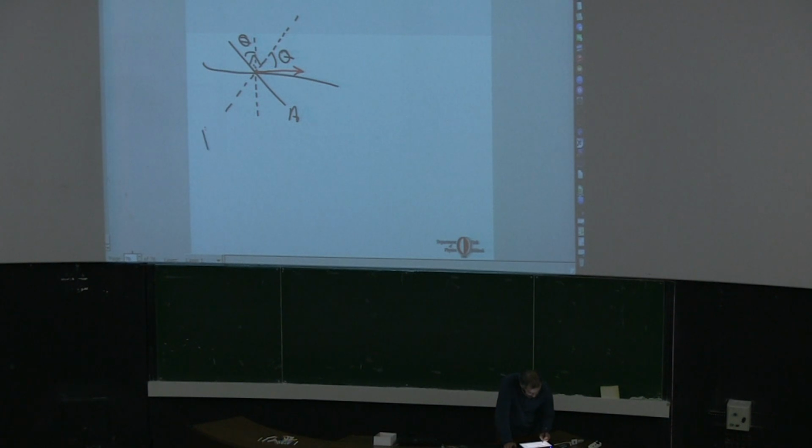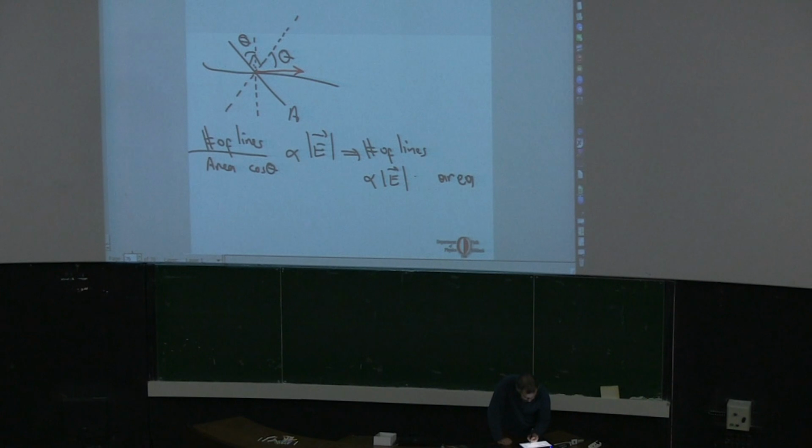Now, what we had said is that the number of lines divided by the area times cosine theta is proportional to the magnitude of the electric field. This is how we had defined it. So the number of lines is proportional to the electric field times the area times cosine theta. That's the number of lines that we have.